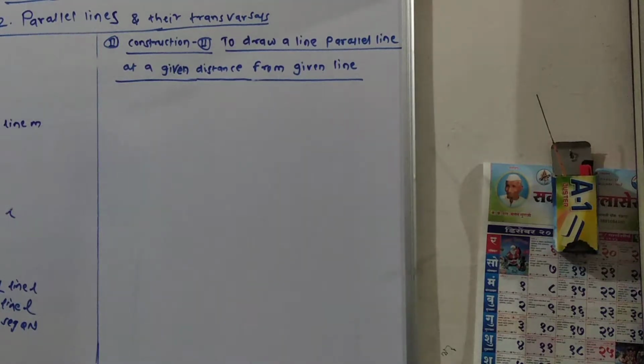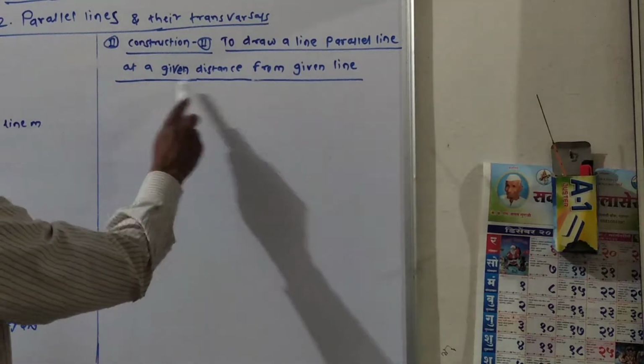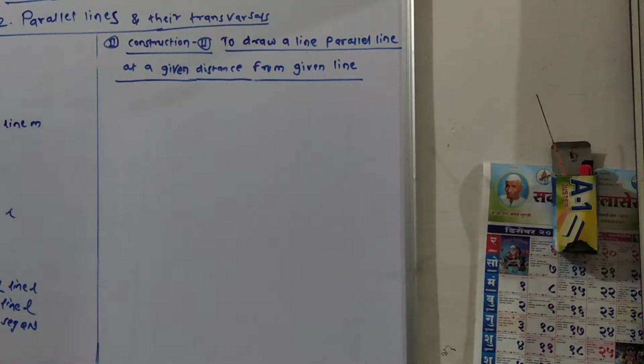We are going to deliver another lecture, construction number two: to draw a parallel line to a given line at a given distance. Here the distance is given. For the first method we observed that to draw a parallel line to a given line, the distance is not given, but in this case the distance is given.